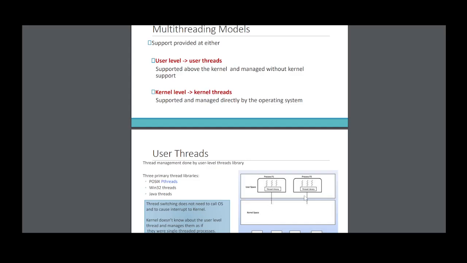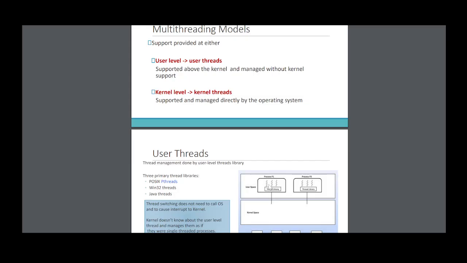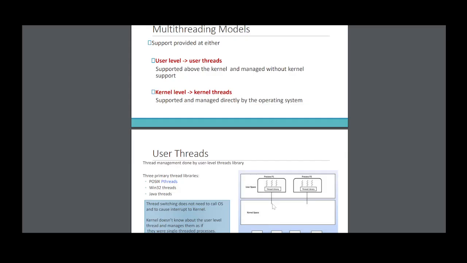What does this line indicate? It is created at the application level, but it still requires the kernel. It needs support from kernel space too. So this line reaching this space means that this thread requires kernel space support.